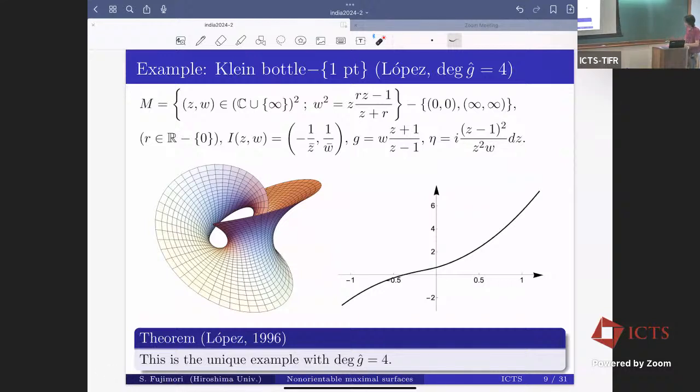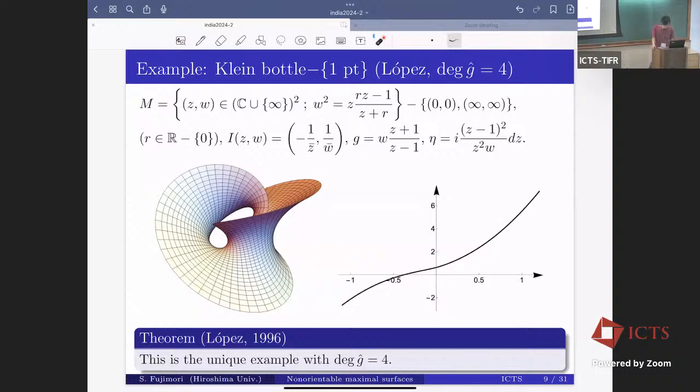And then later, in the 1990s, Francisco Lopez constructed a one-ended Klein bottle. In this case, the degree of the Gauss map is an even number. The simplest case is degree 4.